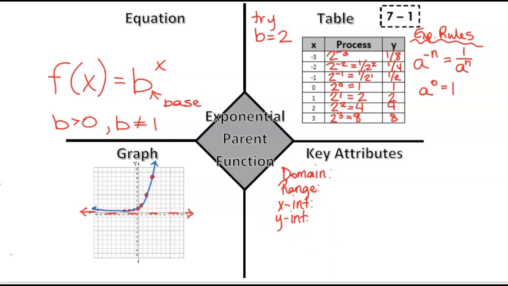What else am I going to need? Vertical asymptotes. Long word. Horizontal. What did you say you think the last one is?